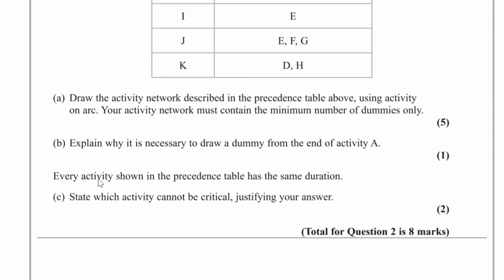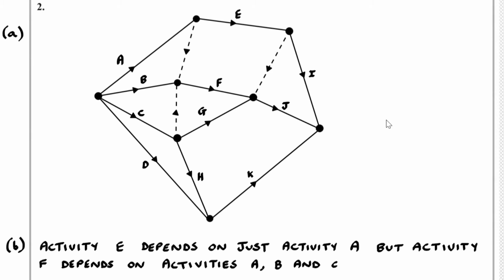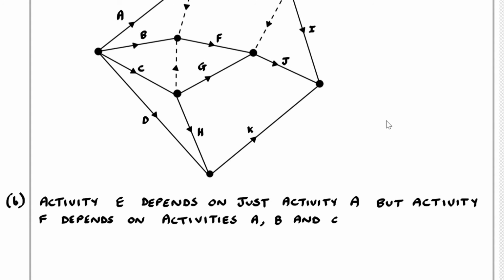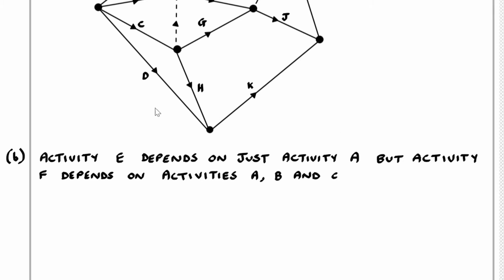Next, every activity shown in the precedence table has the same duration. We have to state which activity cannot be critical, justifying your answer. Well, if we think about it, activity D cannot be critical. Bearing in mind, each activity has the same duration.